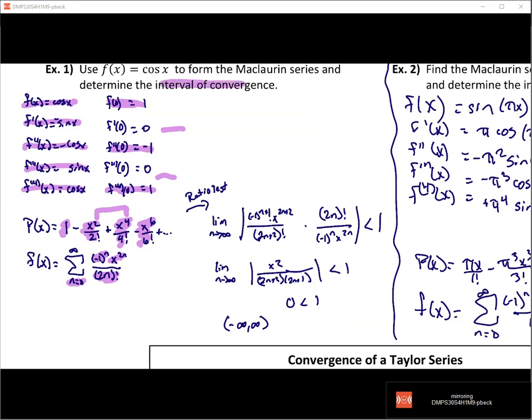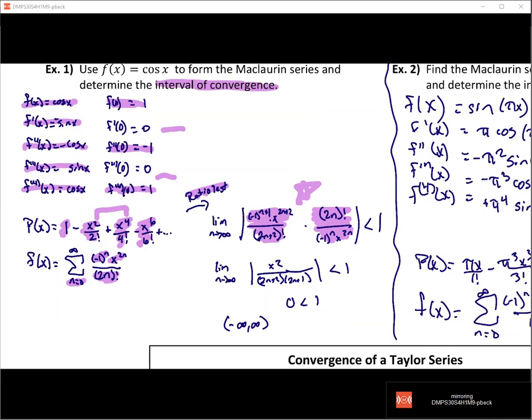Then we want to find the interval of convergence. This is where we jump into 8.8. In 8.8, we use the ratio test to find the interval of convergence. So we take the limit of the next term divided by the previous term, and if you remember, we turned that division into multiplying by the reciprocal. Then we say that limit has to be less than 1. Remember, this is sort of modeling whatever our series is as a geometric ratio.